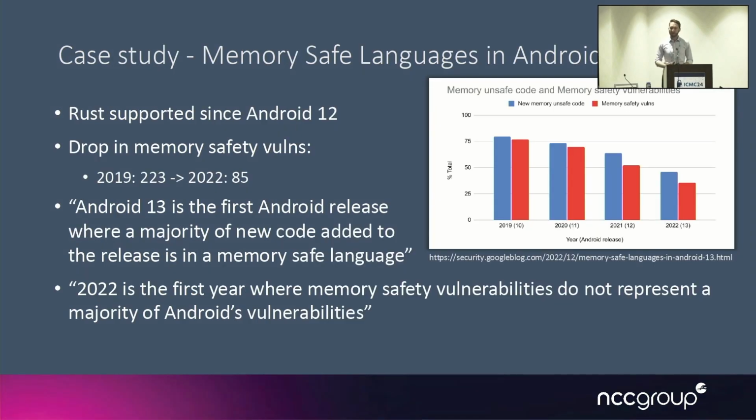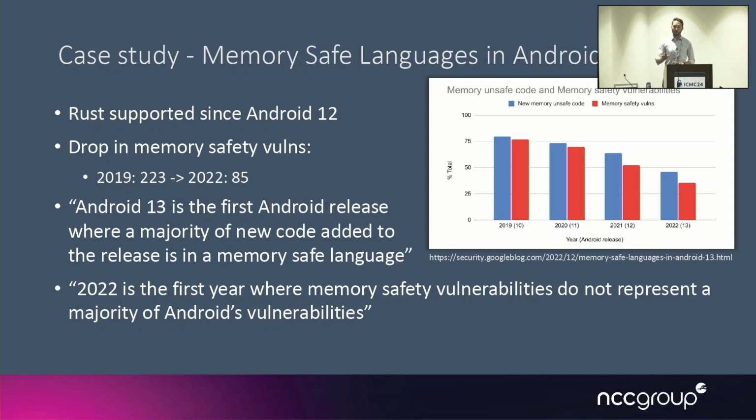Here's an interesting case study, in case you might not be convinced that Rust is the way to go. I mean, it might not be the way to go for every application, but there was an interesting blog post by the Google security team, which compared the number of vulnerabilities in recent Android versions.